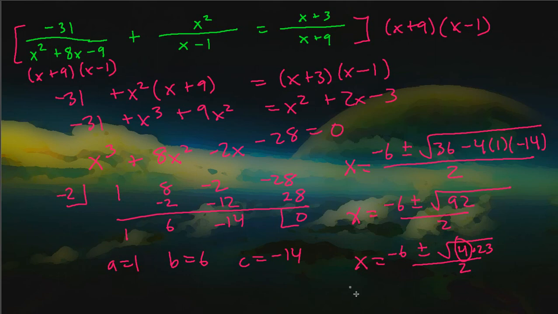And then I can square root this 4. So I get plus or minus 2 root 23 all over 2. And this 2 divides those two things, so I guess I'll just have to write it over here. x equals -3 plus or minus root 23.